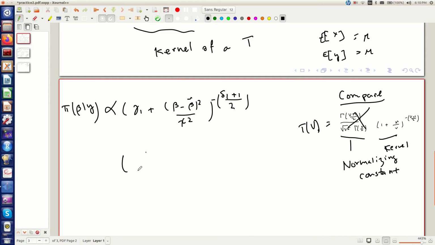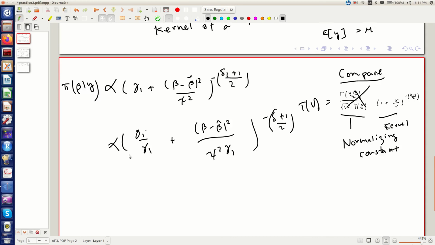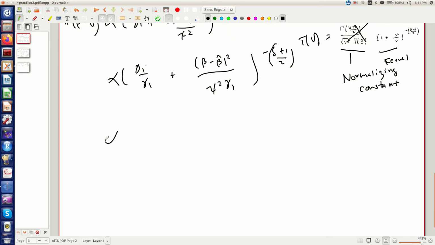So I can divide by gamma 1, like that, and that's what I'm going to get.